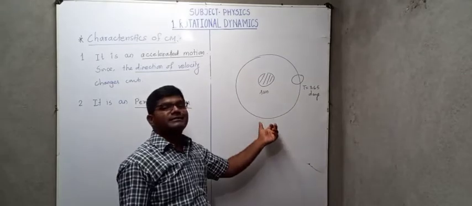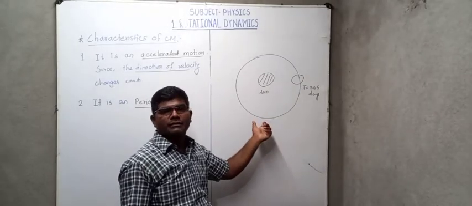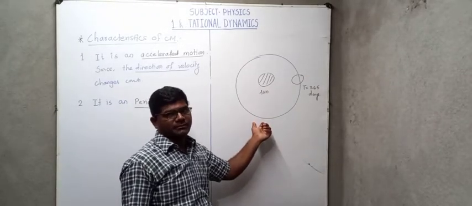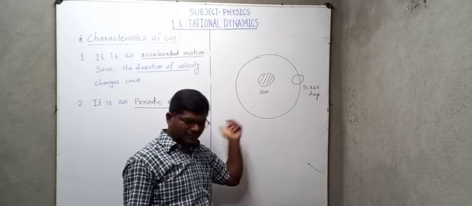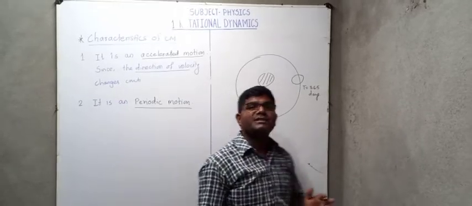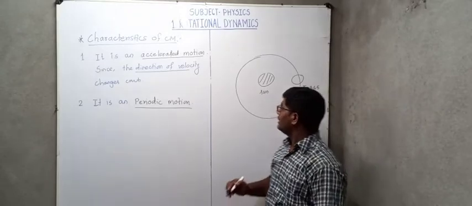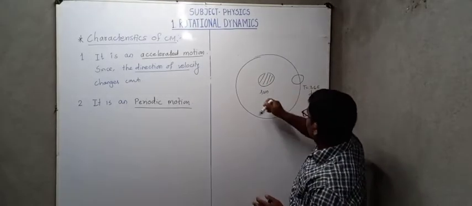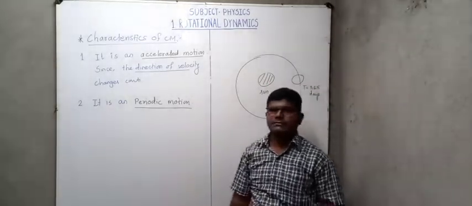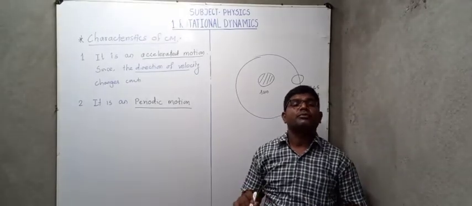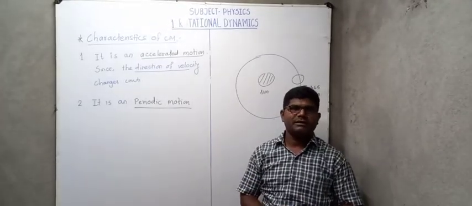Hence such type of motion is called periodic motion. That means the motion which repeats itself after equal interval of time is called periodic motion.